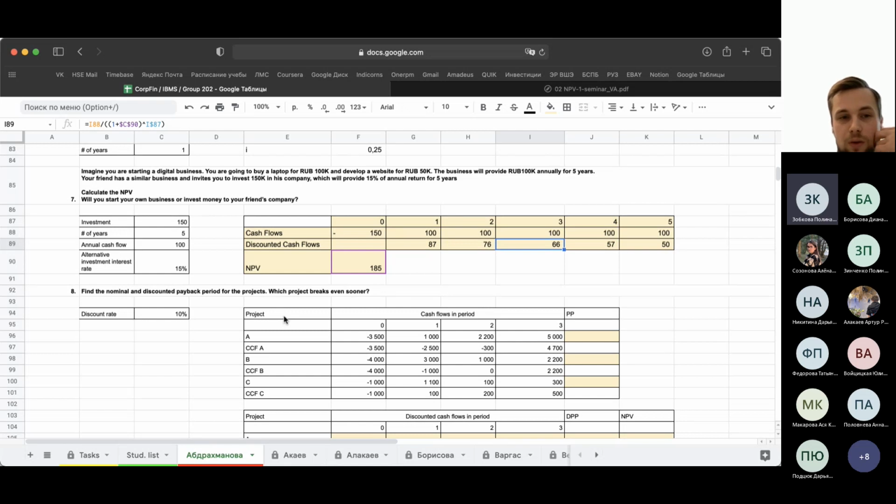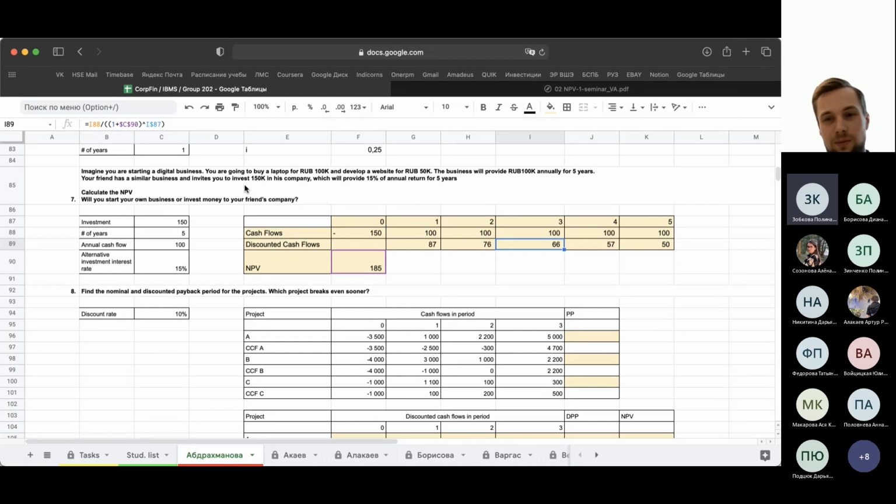Well, when we are going to assess the NPV of investing in our friend's project, we are going to calculate the discount rate for this project. Yes, and the discount rate will be the percent rate, the interest rate of an alternative investment, and the alternative investment in this case will be investing in our own project.